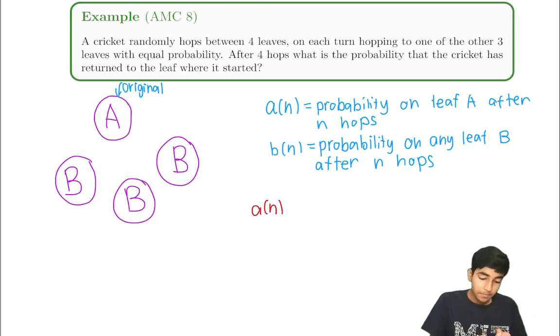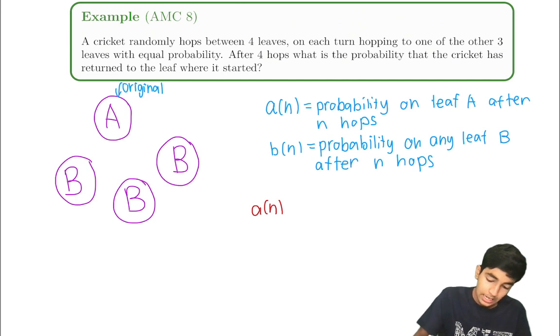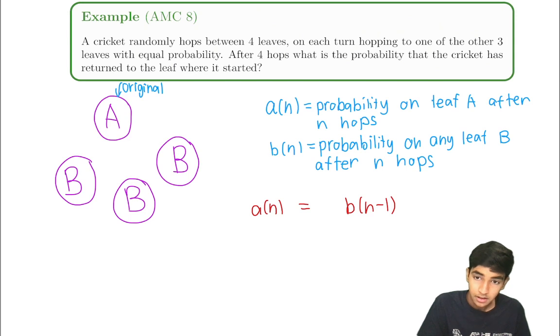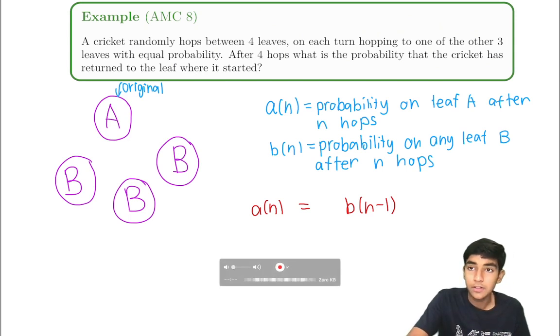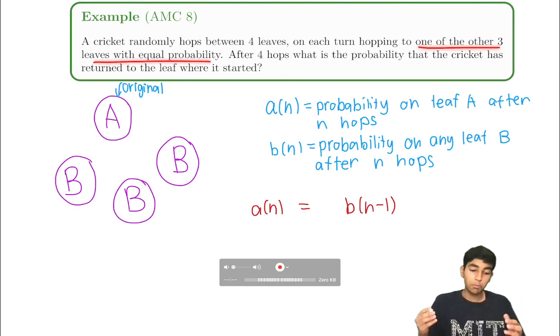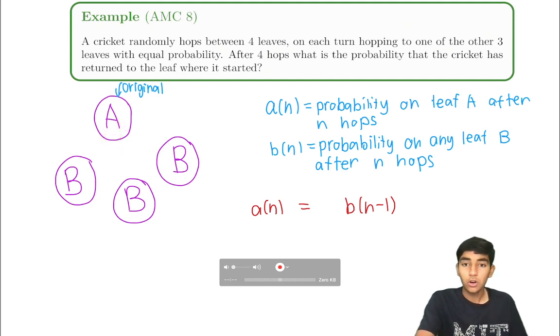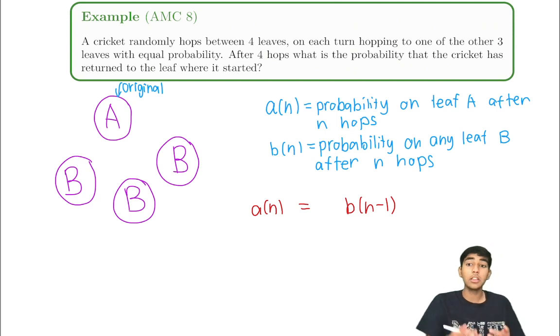So for it to be on leaf A after n moves, it has to be on a B leaf after n minus 1 moves, right? Because it says it will hop to one of the other 3 leaves with equal probability. Right here, it says that it will hop to one of the other 3 leaves with equal probability. So you can't hop from A to A. That's just not how it works. So to hop to A, we must originally be on B after n minus 1 moves.